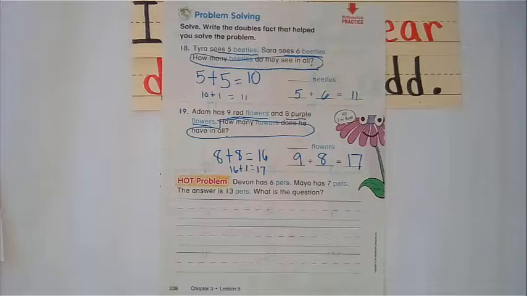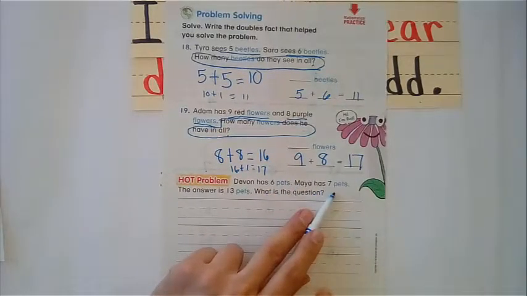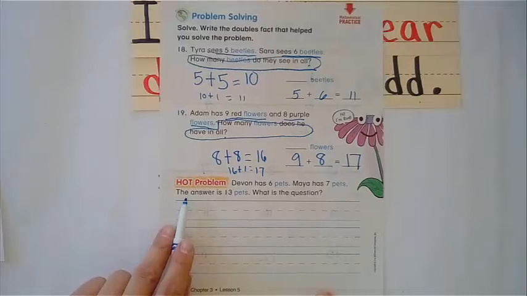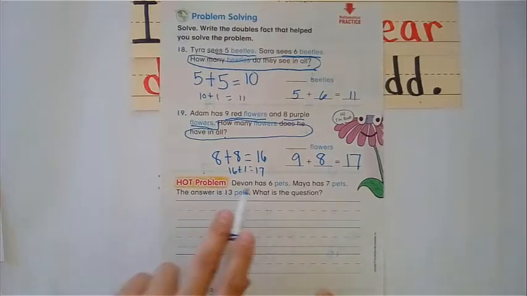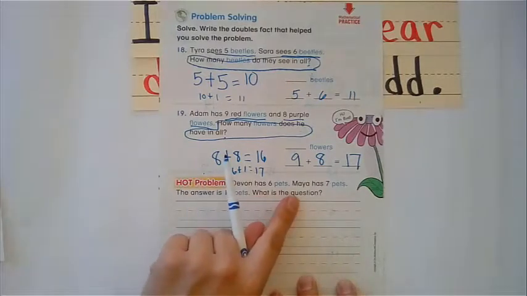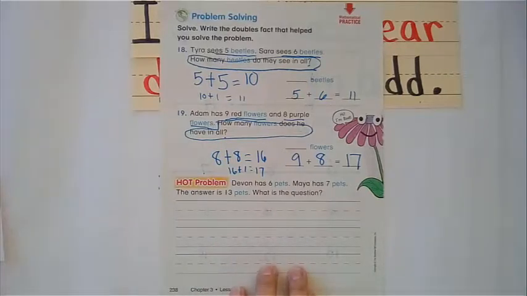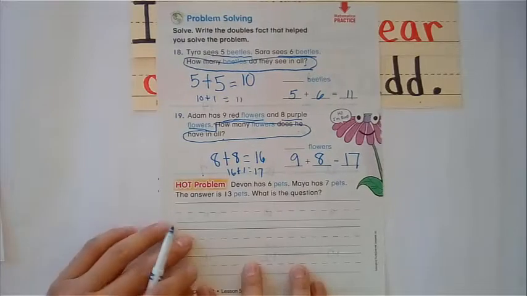Okay, so let's answer the last question. And it says, Devin has 6 pets. Maya has 7 pets. The answer is 13 pets. What is the question? Well, if Devin has 6 pets, Maya has 7 pets, and the answer is 13 pets, I can say, how many pets do they have in all?